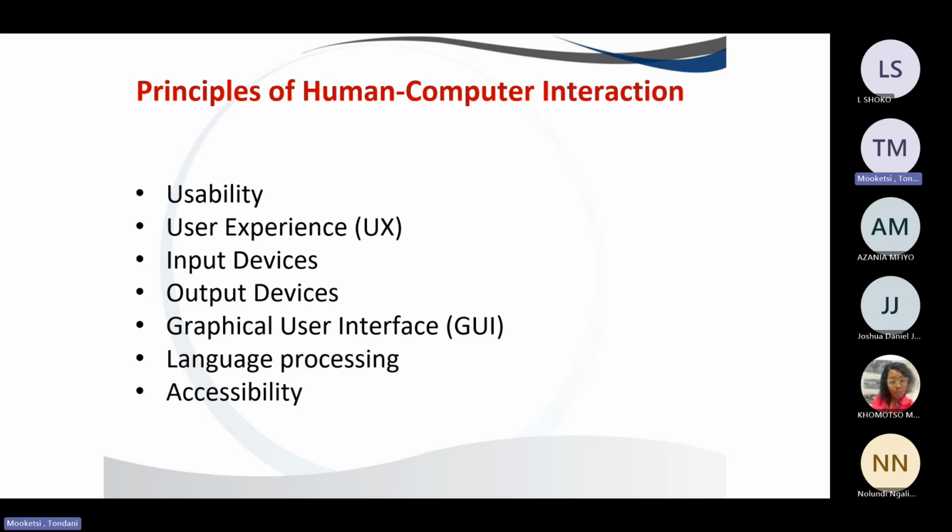So you can go and read the principles of HCI in your study guide. I'm not going to go into detail. You just need to know what usability is, what all of these other terms are, and be able to explain them in your own words. That is what you need to know for each of those.